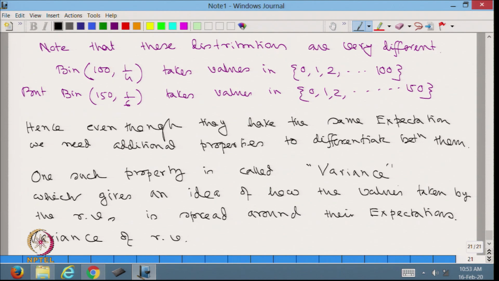The variance of a random variable is defined as follows.